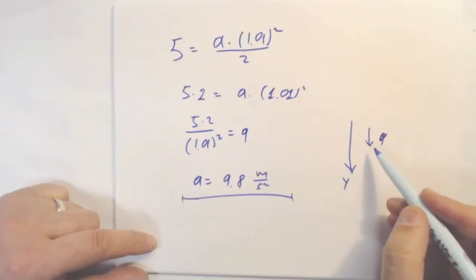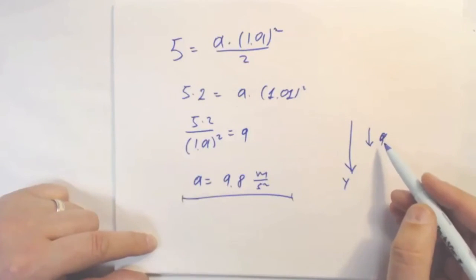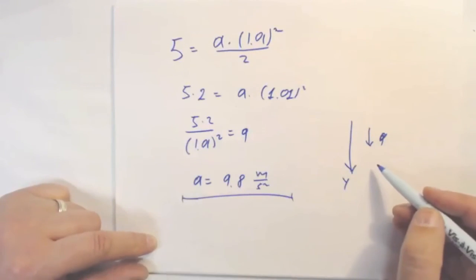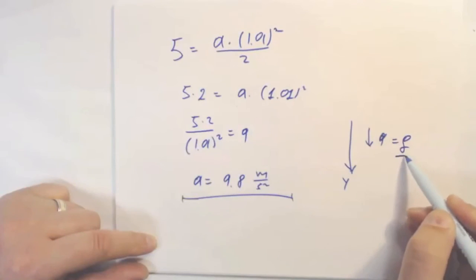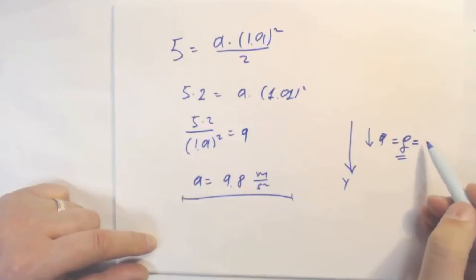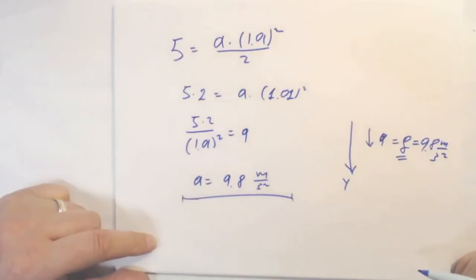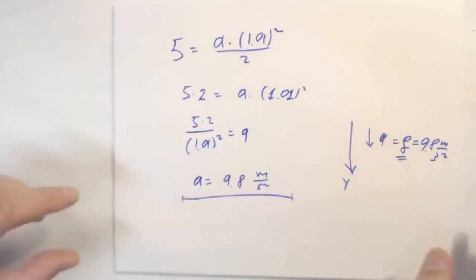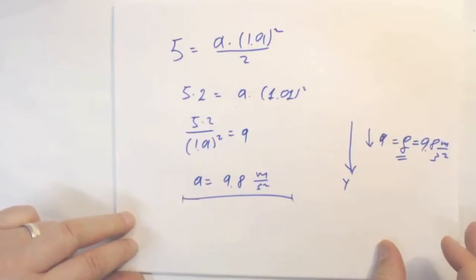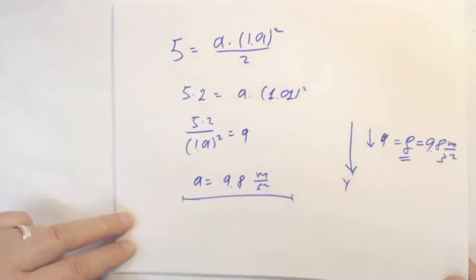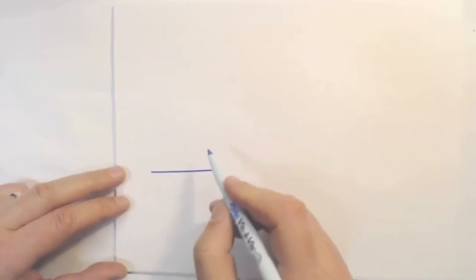But in this situation, the y component equals the magnitude of this vector. So the magnitude of this acceleration is also equal to 9.8 meters per second squared. We can ask what would happen if we had chosen the direction differently. A good question.